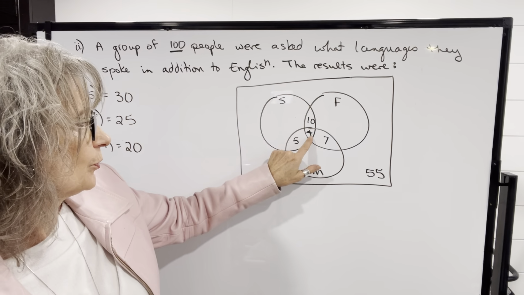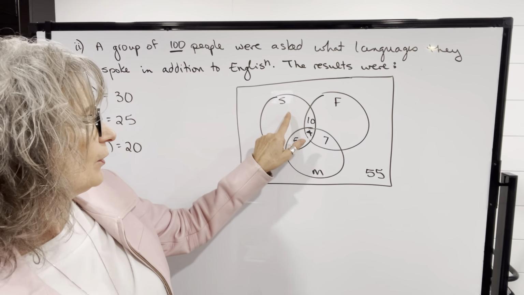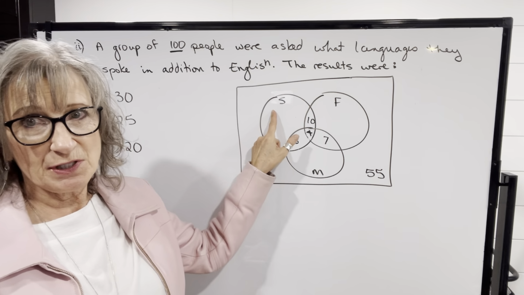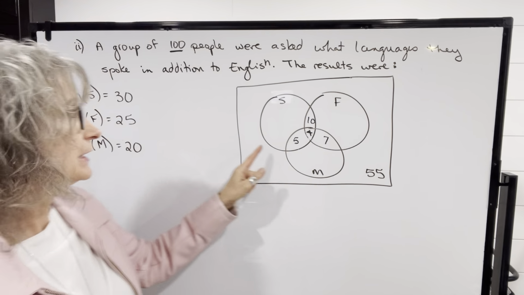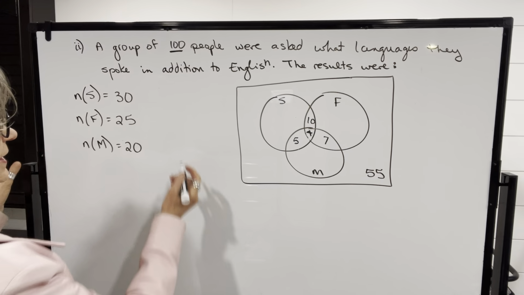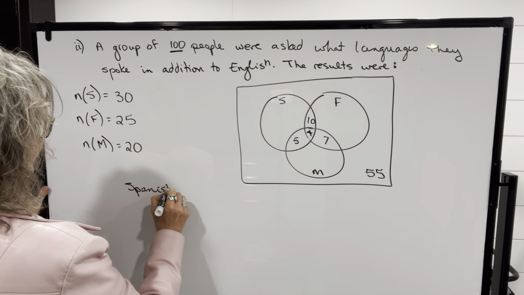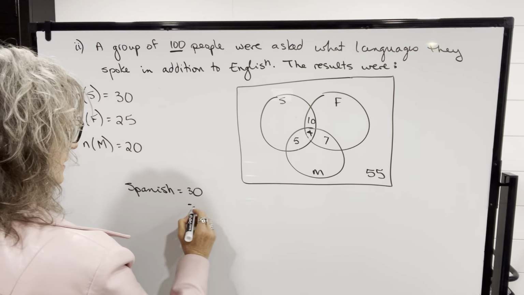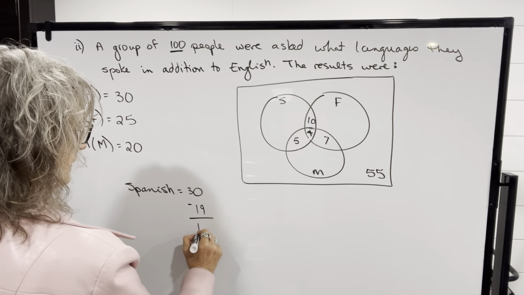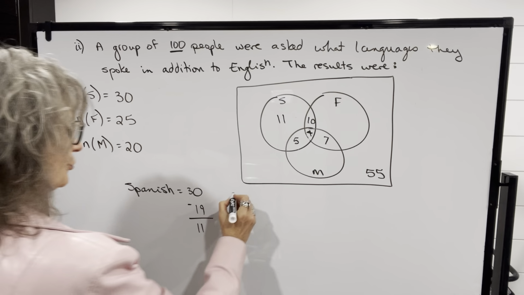Now that we know the number of people that speak all 3 languages is 4, we can now find how many people just speak Spanish, how many just speak French, and how many just speak Mandarin. So for Spanish, we take 30 and we subtract 19 to get 11. We do the same thing for French.